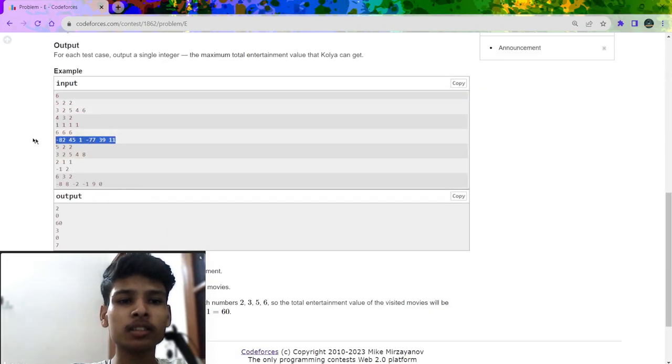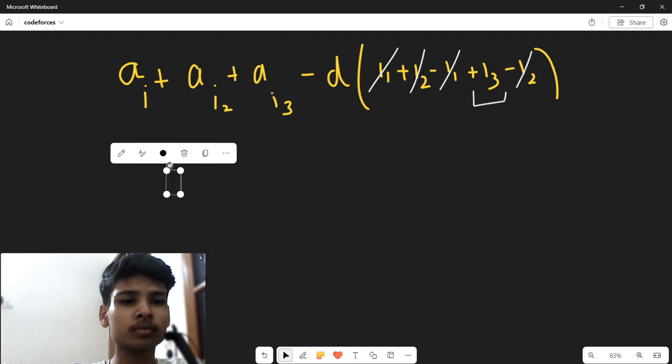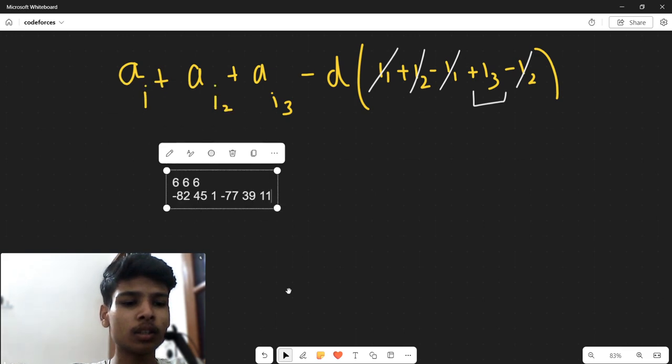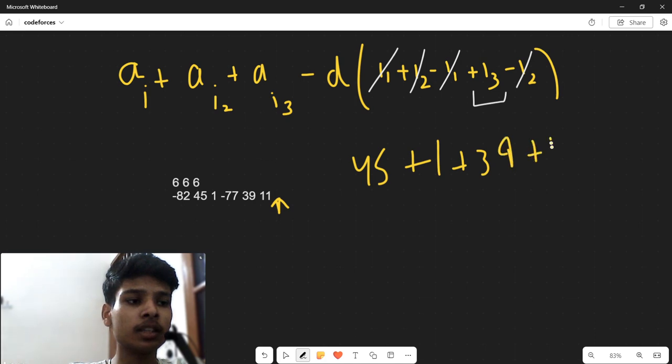For example, in this case, if I am taking at most 6 values, so the top values, the maximum sum I am getting by adding some numbers from these top elements would be 45 plus 1 plus 39 plus 11, which is equal to 96.